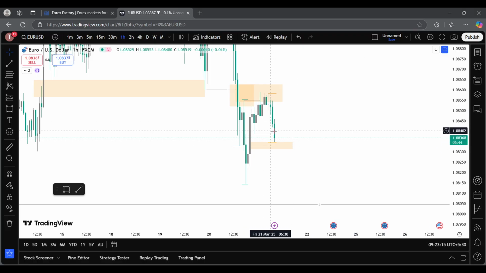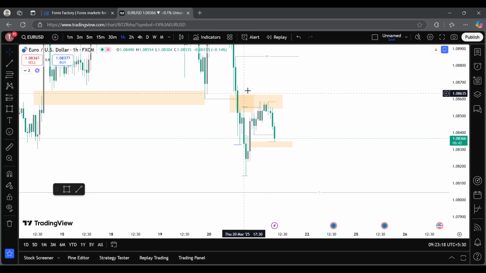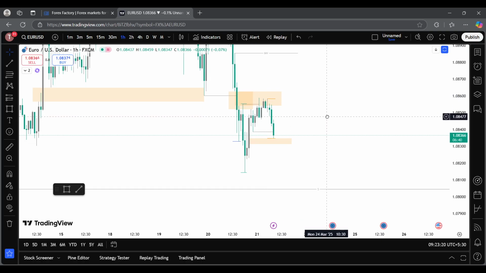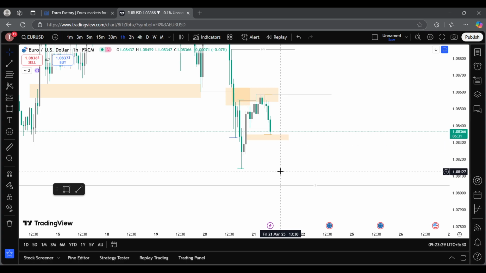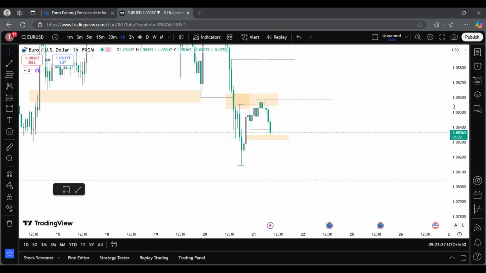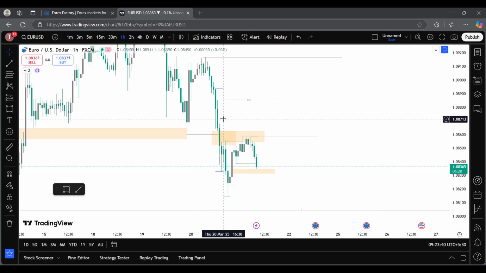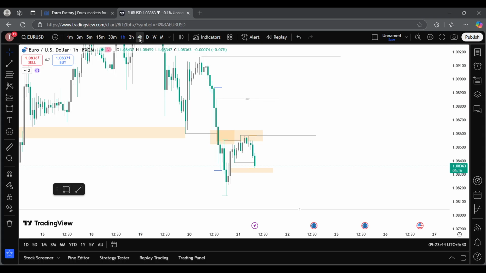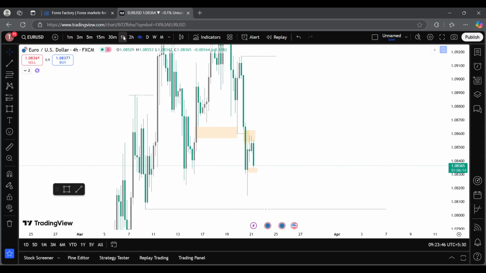So if we close below this low in 1 hour, this high will act as the high of invalidation, because it will become a strong high, and all of the operation or the range will be defined till this level. Else, if we close above this low, most likely the price can move in the higher direction to mitigate the 4-hour left FVG over here, this FVG.